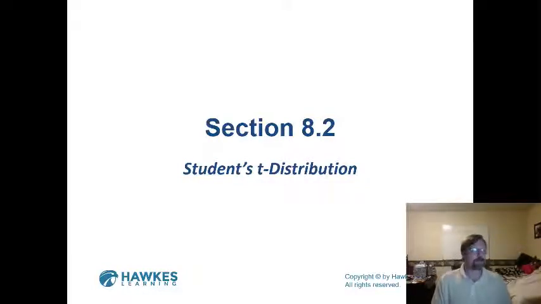Okay, so we are going to discuss Student's t-distribution. The book has an interesting side note about how it came to be called that.